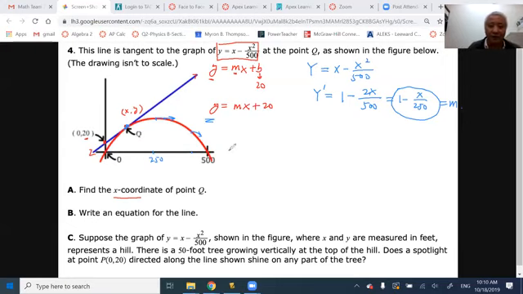The y on the line equals mx plus 20, and from the curve it is x minus x squared over 500. They have the same y coordinate because they touch each other. From there, we'll try to solve for x.